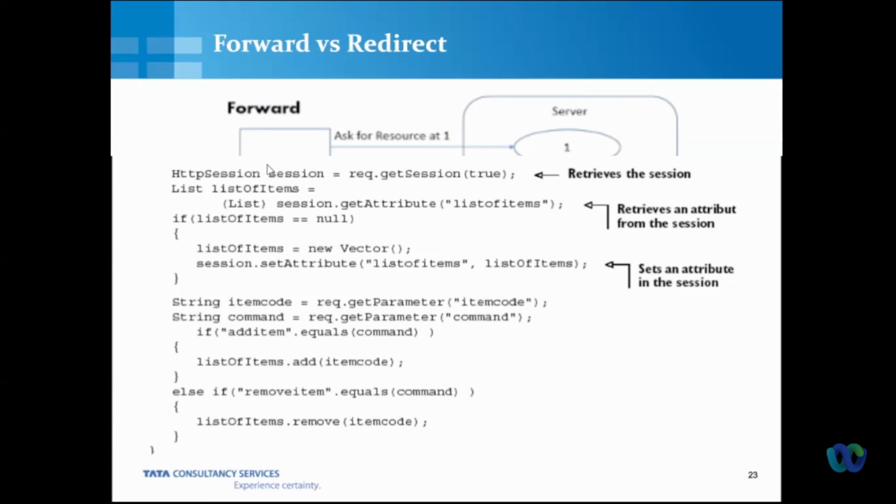So this is another example for forward and redirect. Now in forward, what happens? The user asks for a resource at 1, servlet 1 has forwarded to servlet 2, and servlet 2 is providing the resource back to the user. Okay, so in forward, the response is sent from one server to another server.